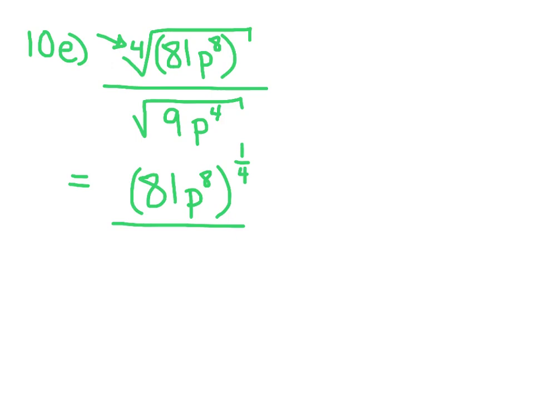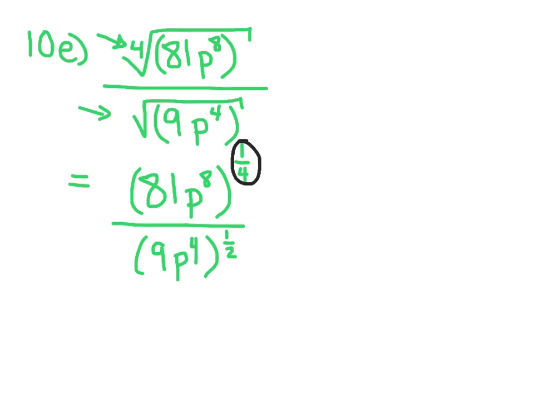Similarly, on the bottom, remember what this means. Remember, this is square root. Now, they're not going to write the 2 there. That's an automatic assumption that there's a 2 there. So I'm not going to write it there. But remember that this is 9p to the power of 4, and that square root actually means to the power of 1/2. So you must take care of these powers of powers first.